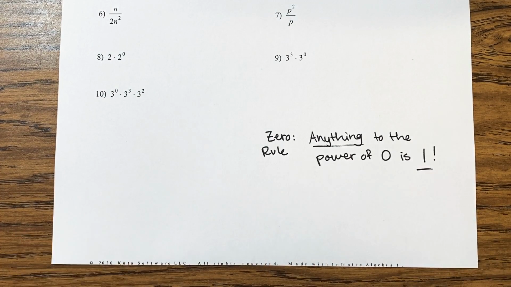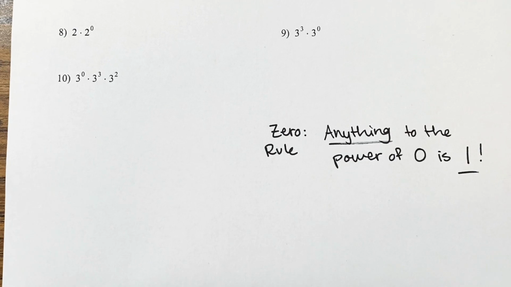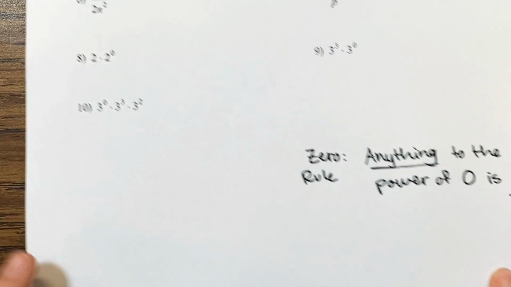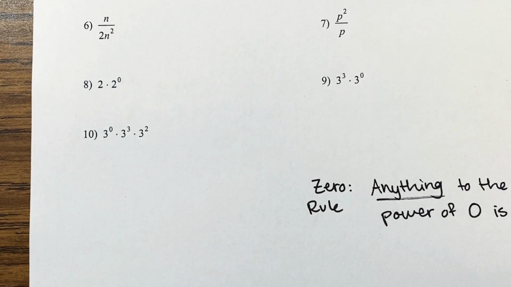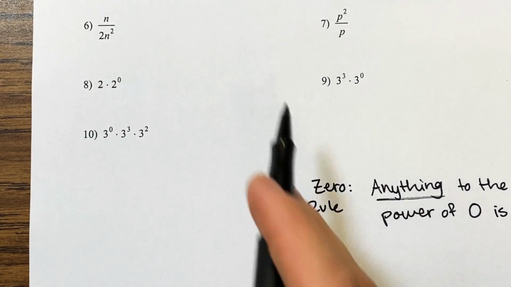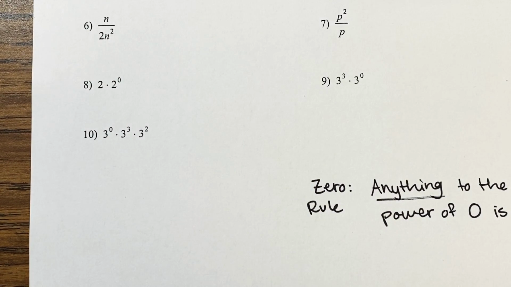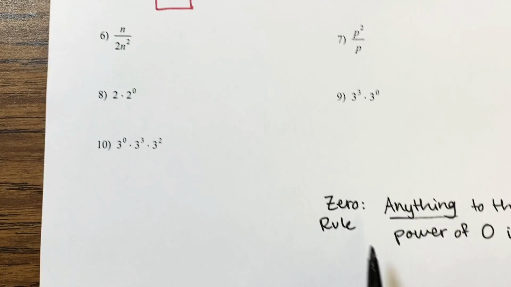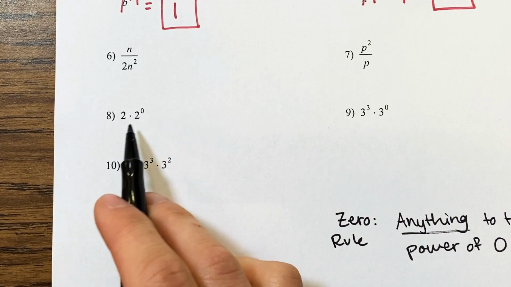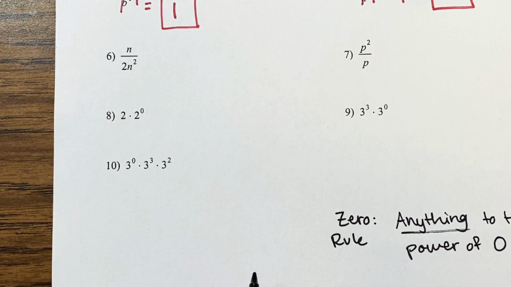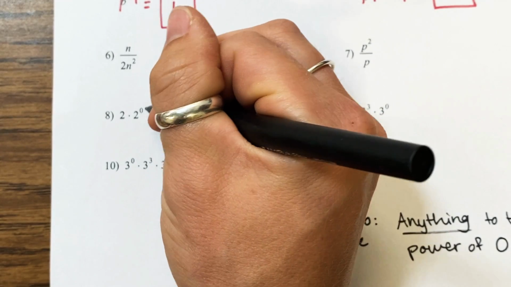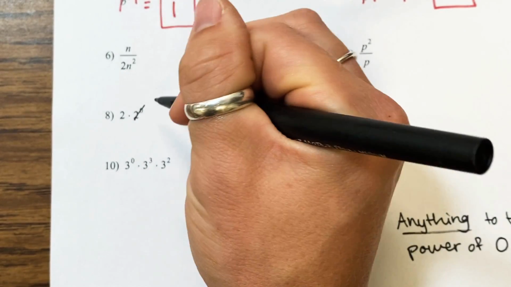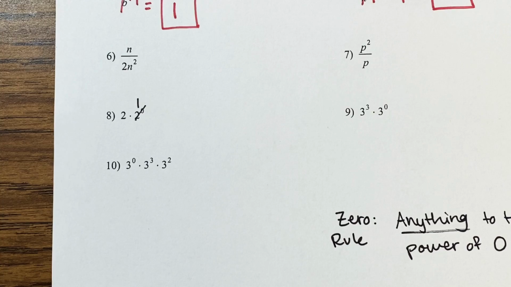Okay, so right now, I want you guys to look at numbers 8, 9, and 10, and where can we replace something to the power of 0, and where can we put a 1 in it? So let's look at 8. Where can I just replace the entire thing to put a 1? Yep, right there. This 2 to the power of 0 is 1.